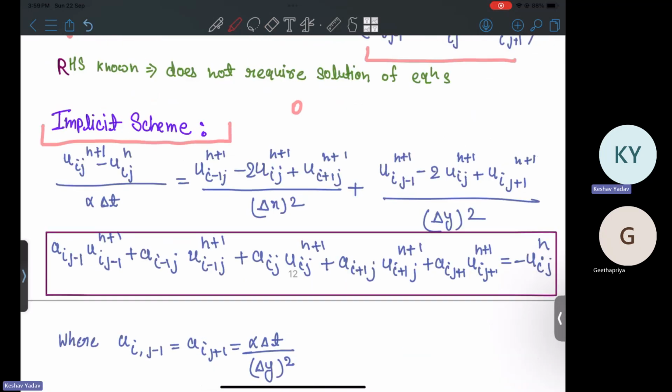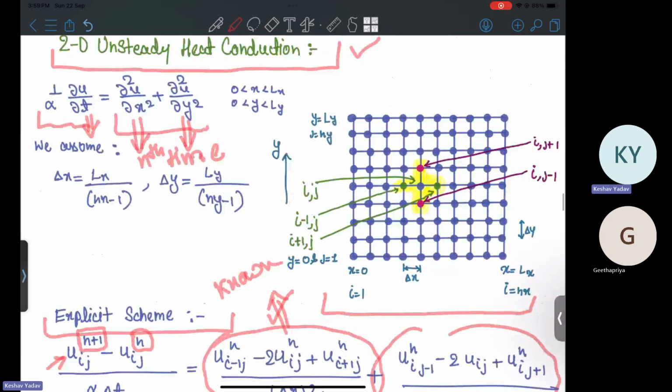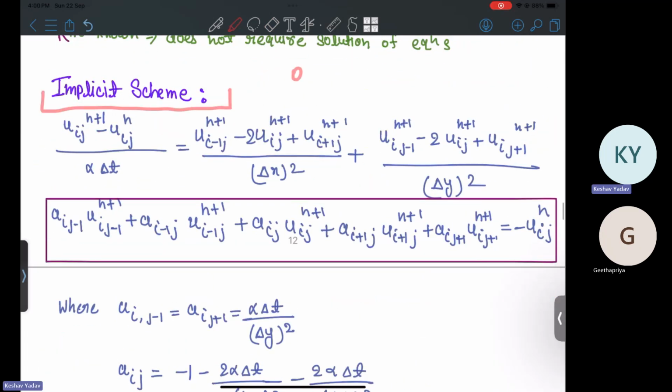If we go for the implicit scheme, then we will write these derivatives at n plus 1th time. It will be the same case, but here all the u's will be at n plus 1th time.